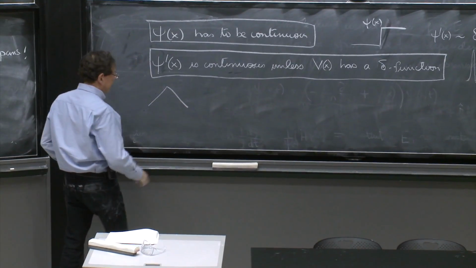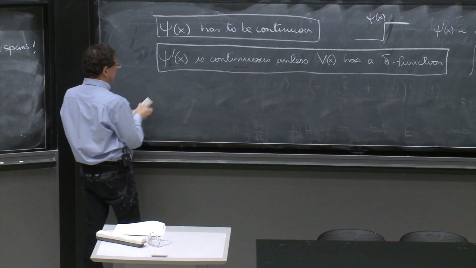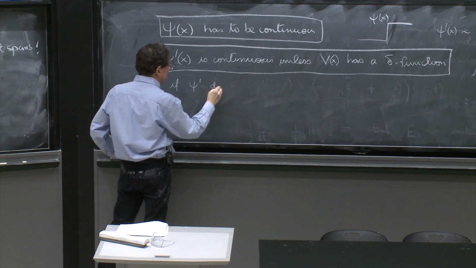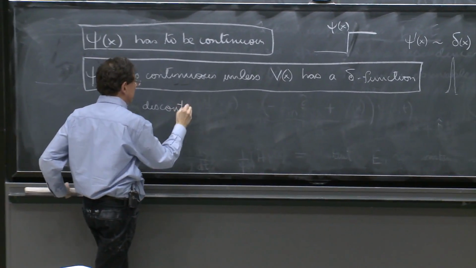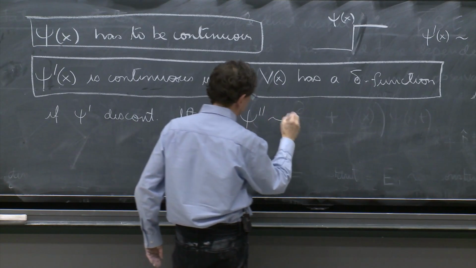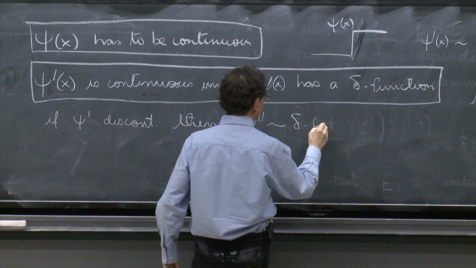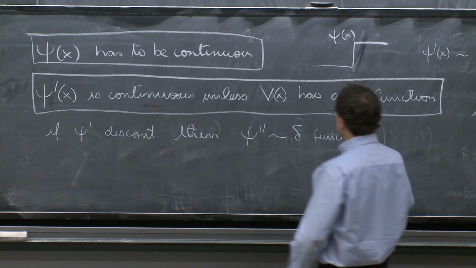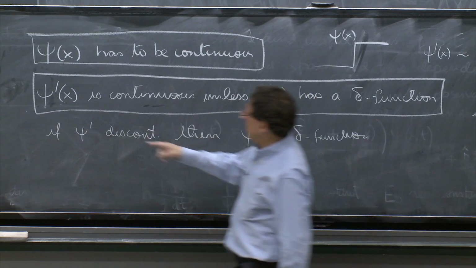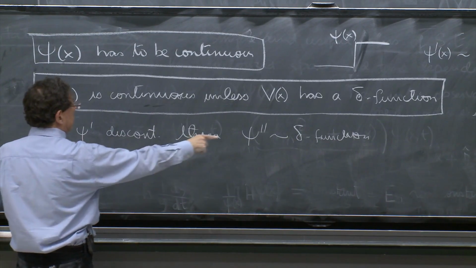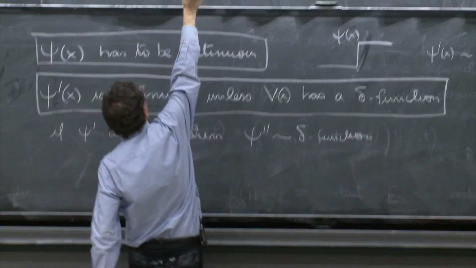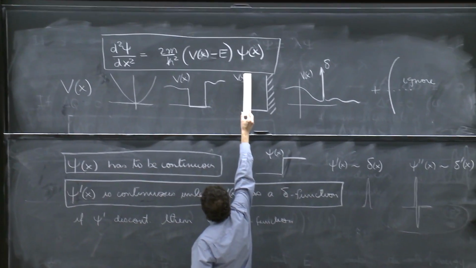Let's see that. If psi prime is discontinuous, then psi double prime is proportional to a delta function. But here, psi just takes some value.